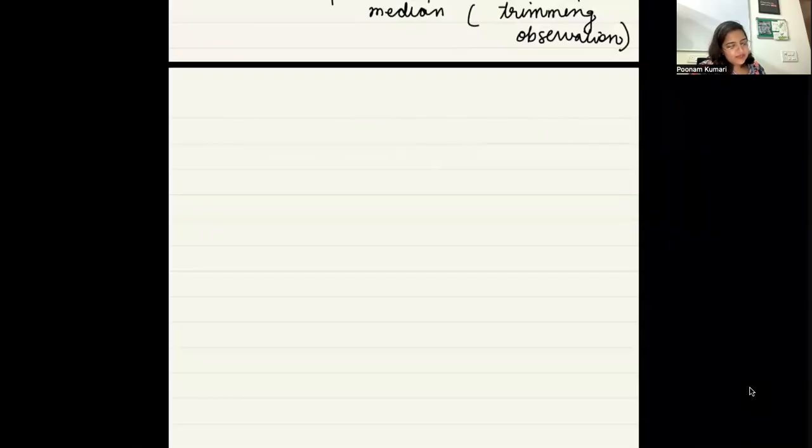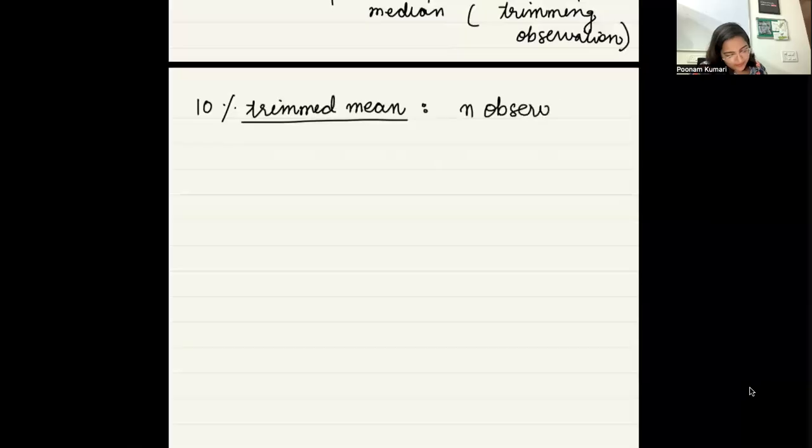Let's say somebody says you have to do 10% trimming, find the 10% trimmed mean of whatever your data is. So what does that mean? Let's say you have n observations, and n is, let's say, 26. You have 26 data points, and somebody asks you to find the 10% trimmed mean.